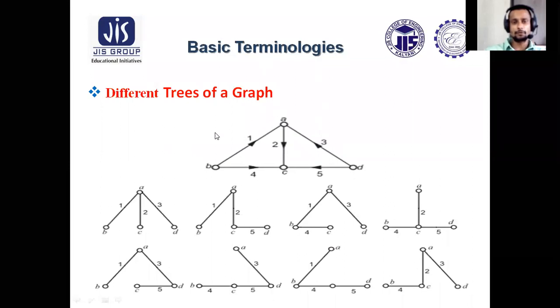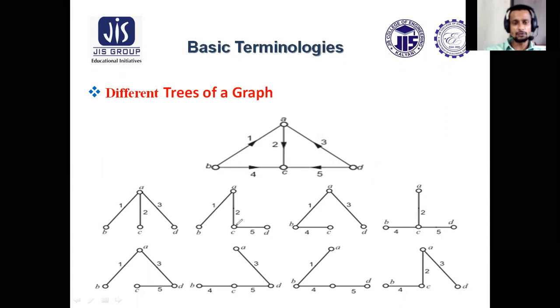Now, let us obtain different trees for this graph. This is a graph with 4 nodes, A, B, C, D. For these 4 nodes, a tree should have 3 branches. So all these 4 nodes are to be placed first. Then you can choose 1, 2, and 3. 1, 2, and 3 are chosen to form a tree. Similarly, you can choose any other 3 branches to form a tree.